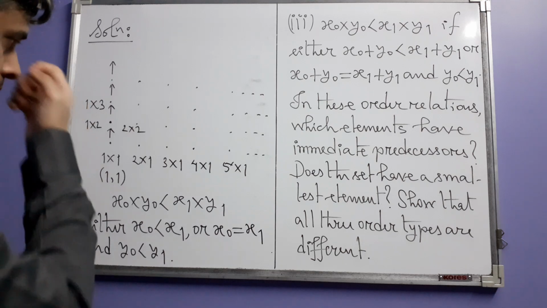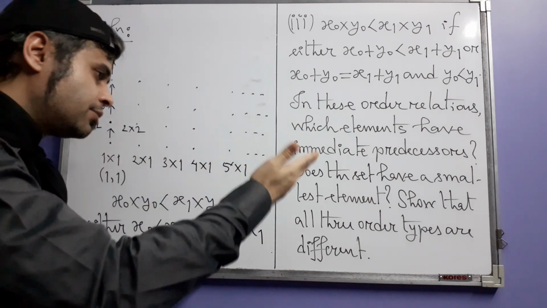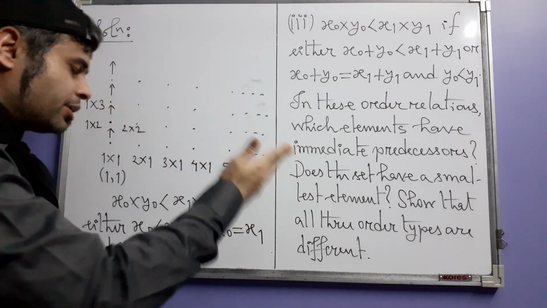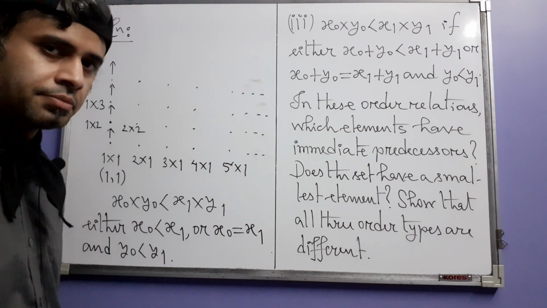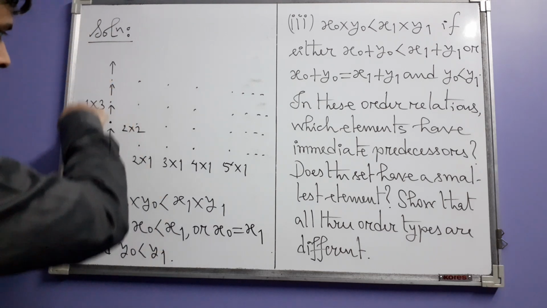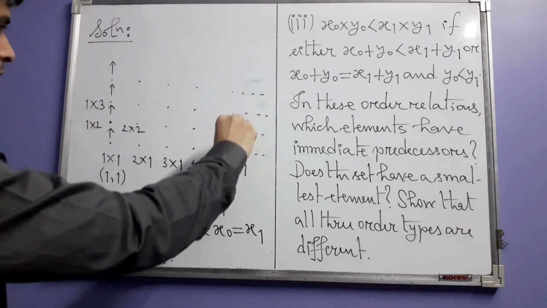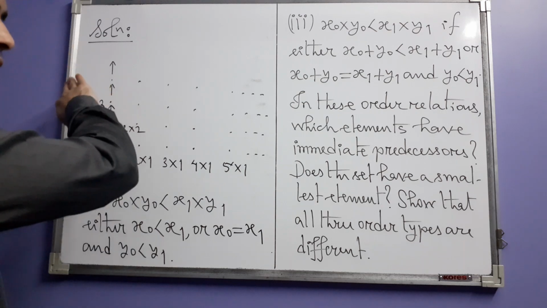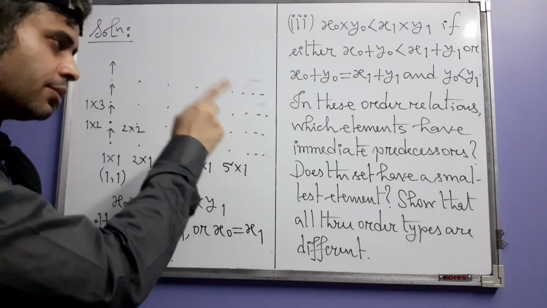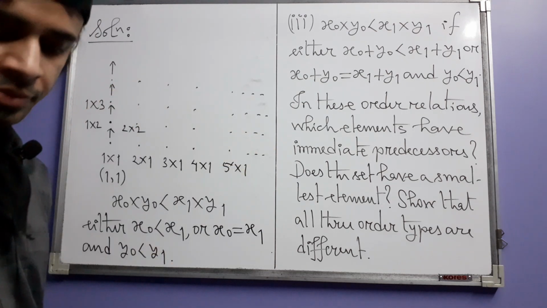And that is why when you go rightward, the points increase. Okay, no matter at which level they lie, any point that lies to the right of any other point will be considered greater than that other point.